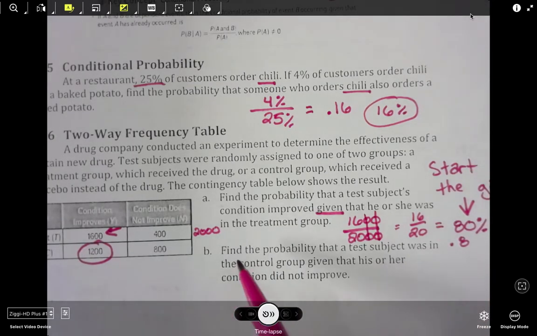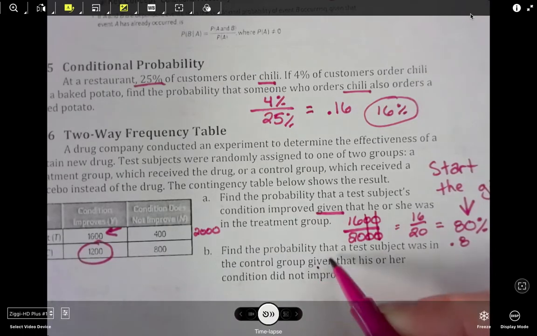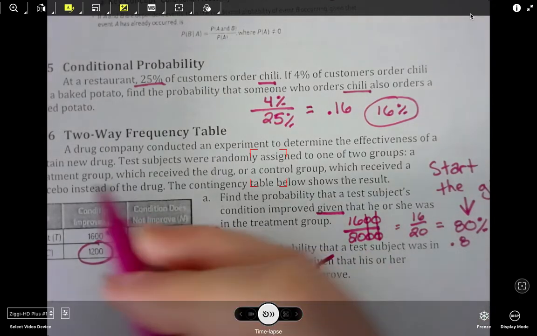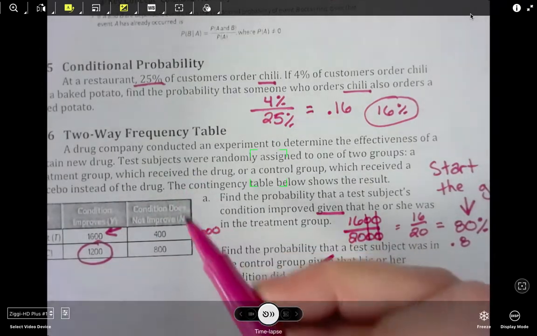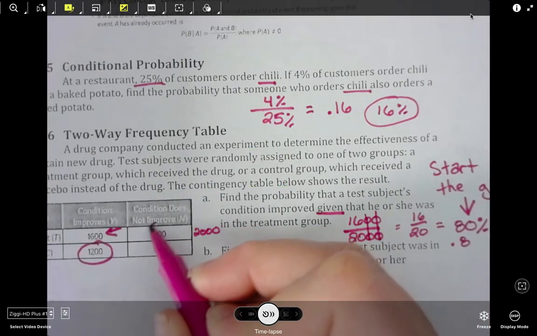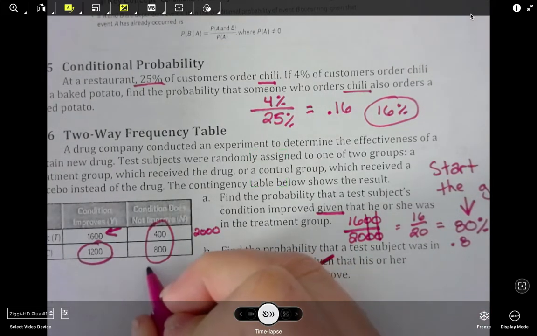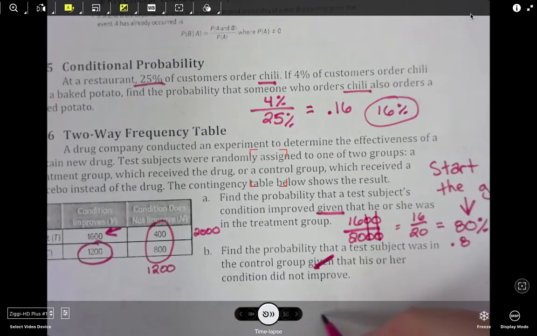Find the probability that a test subject was in the control group given that his or her condition did not improve. So given is here, so I'm looking at what's after the given. Start with the given. Given that his or her condition did not improve. So over here on the table, who all had their condition not improve? These two had their condition not improve. If I add this together, that's 1,200 people who said their condition did not improve.